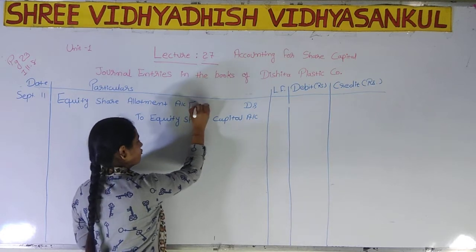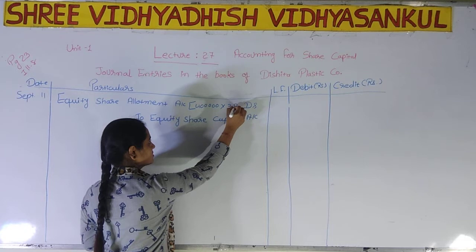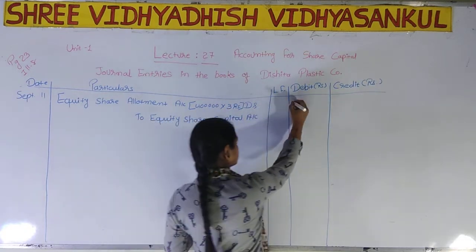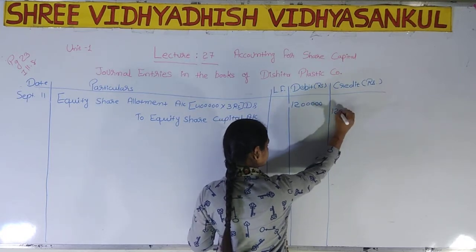Amount is 4 lakh into, we have demanded 3 rupees. Answer will be 12 lakh rupees.